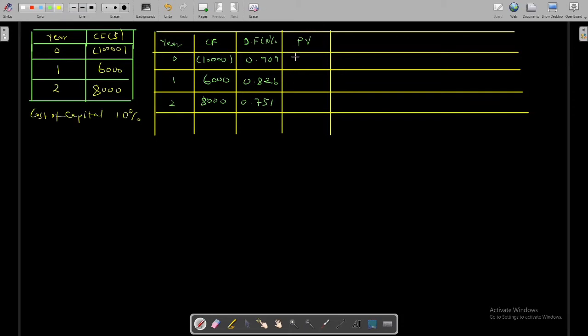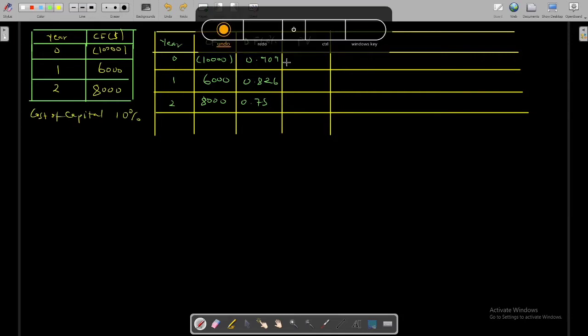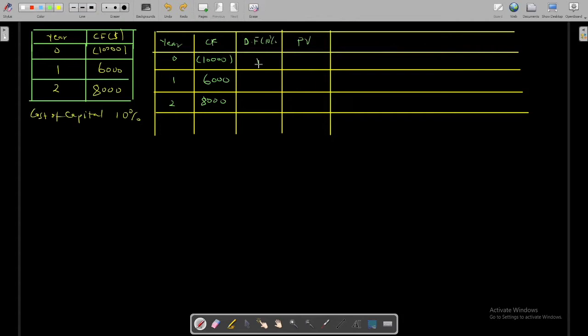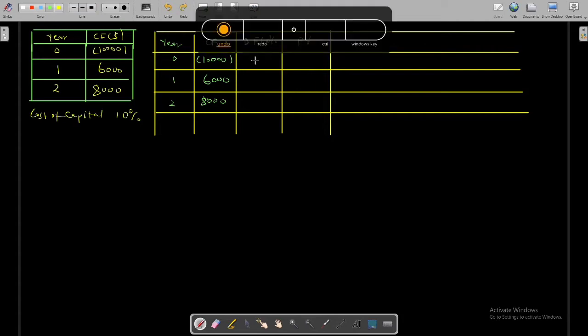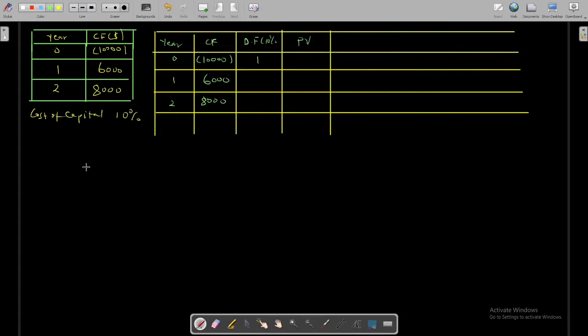In year 0 the discount factor will be 1, because 1 over 1.10 exponent 0 gives you 1 when you punch it on the calculator. Year 1 is 0.909, and year 2 is 0.826.